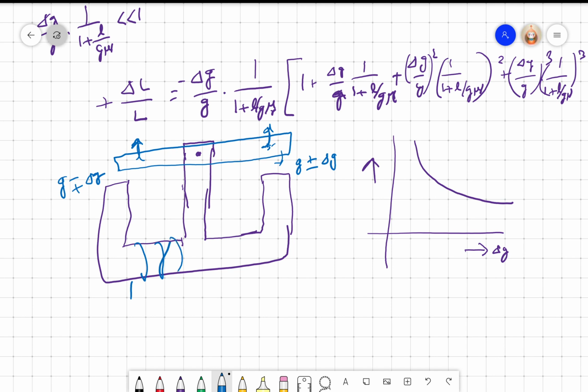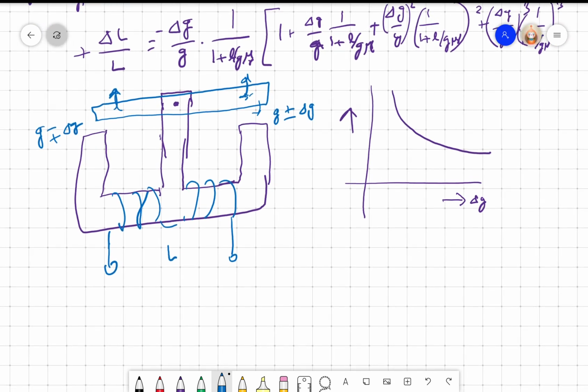So what I do is I put a wire throughout and take the inductance. Now this inductance would be the inverse of this due to this. So let me call this L1 and this L2, and if I combine these two, I will get a characteristic something like this.